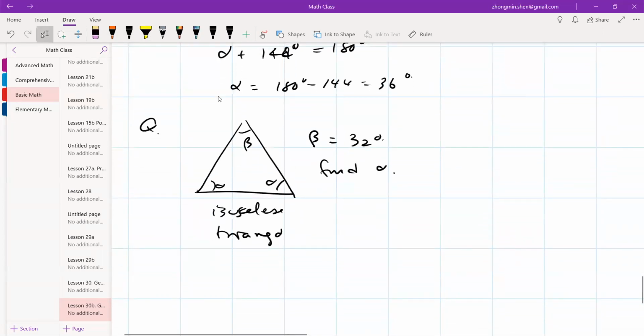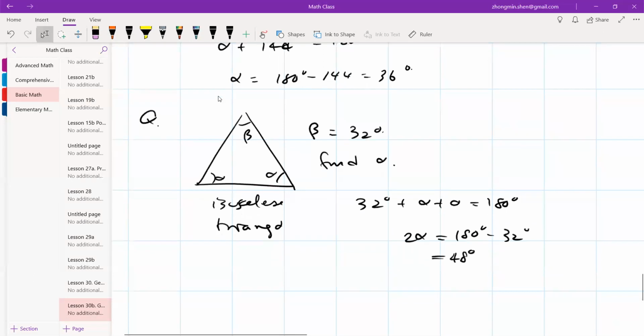74 degrees? Yes. The way you do it is write down the equation. 32 degrees plus 2 alpha equals 180 degrees. Then 2 alpha equals 180 degrees minus 32 degrees, which is 148 degrees.